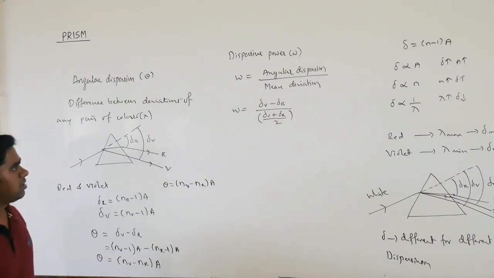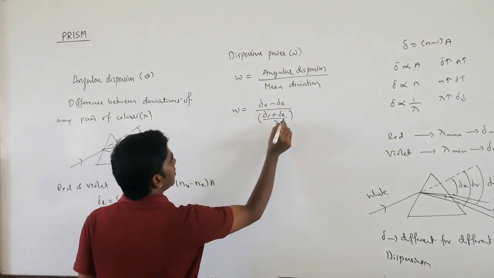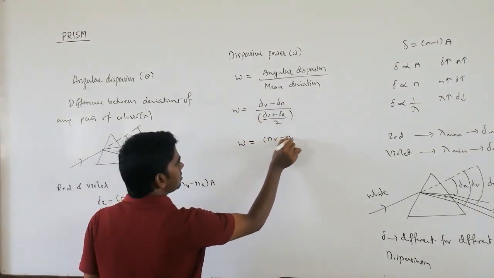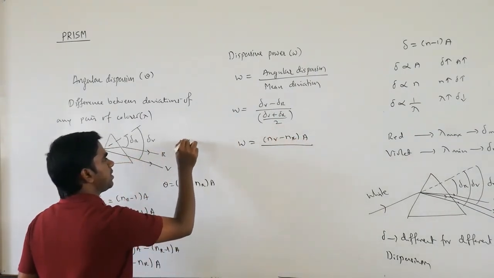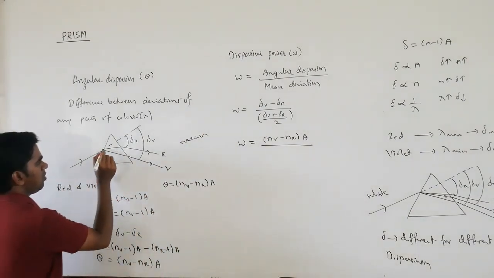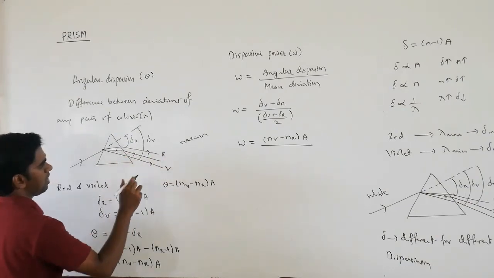But what can you write for angular dispersion theta? You can write (NV minus NR) into A. For the mean deviation, they always take yellow color, which is the mean of red and violet.